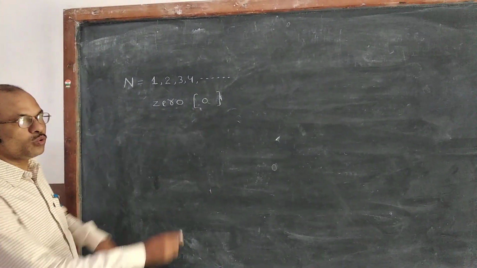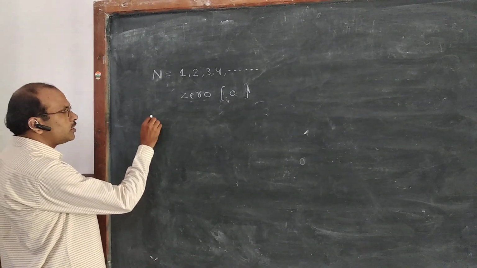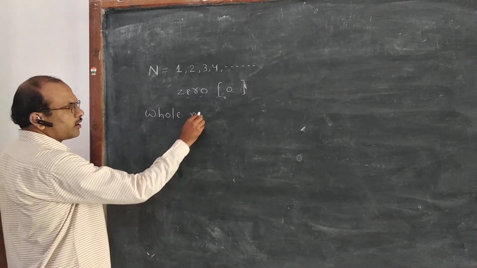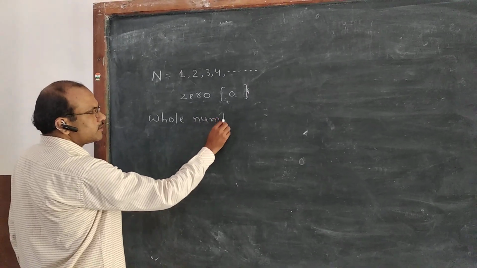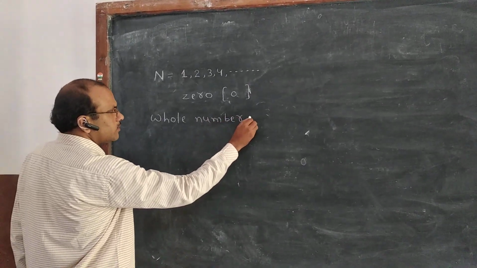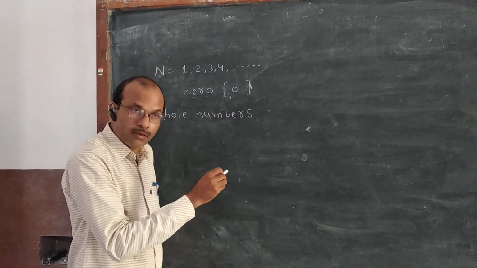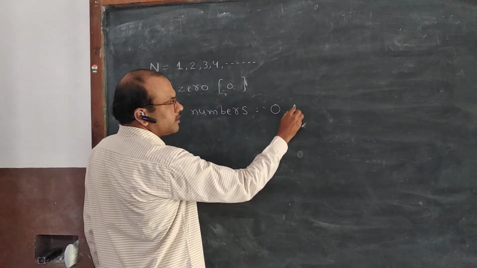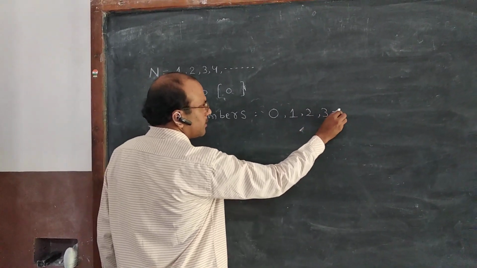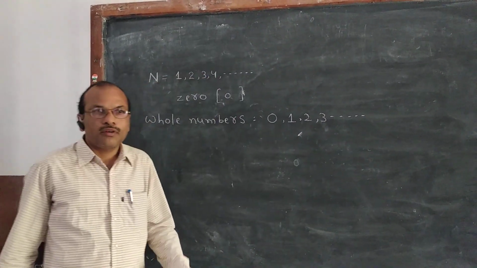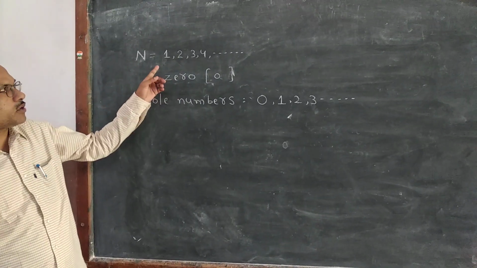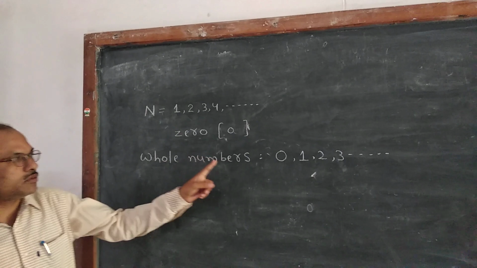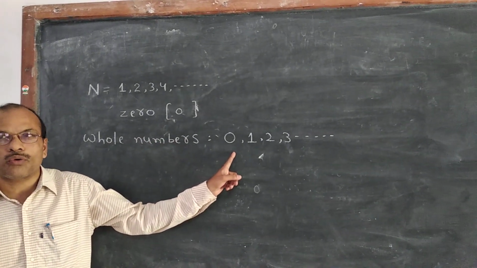Then we come to know a new number set called the whole number set, which is 0 together with the natural numbers. Now we can see natural numbers start from 1, whereas whole numbers start from 0.